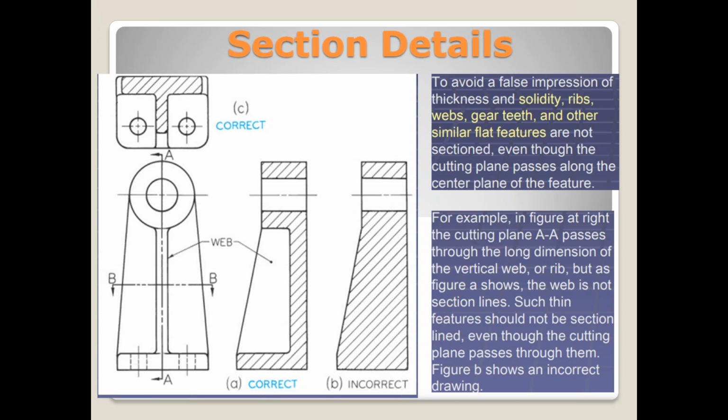For example, in the figure on the left-hand side here, the cutting plane AA passes through the long dimension of the vertical web or the ribs, but the figure shows the web is not section lined. They don't show section lines here. Such thin features should not be section lined, even though the cutting plane passes through them. Figure B shows an incorrect drawing, because if you cut through the whole thing, you won't be able to tell what exactly the web looks like.